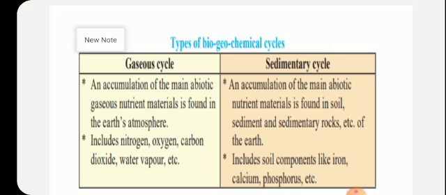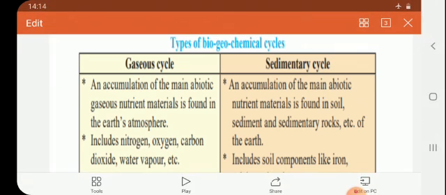So, gaseous biogeochemical cycle contains the gaseous type of nutrients. It includes nitrogen, oxygen, carbon dioxide, water vapor, etc. So, what happens during this?